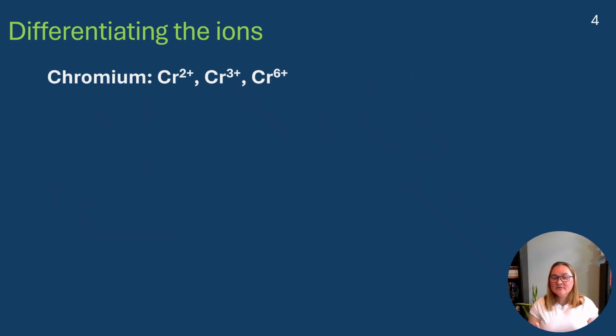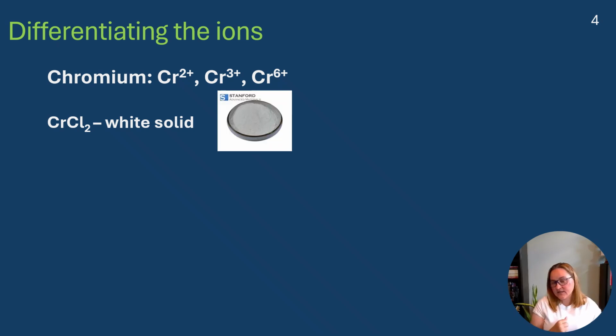Let's take a minute and focus on chromium. There are 3 oxidation states listed here, though more have actually been reported for chromium. We'll figure out how many cations and how many anions will come together to form ionic compounds in a different subsection. But for now, let's look at the chlorides of chromium. Chromium(II) chloride is a white, water-stable solid.